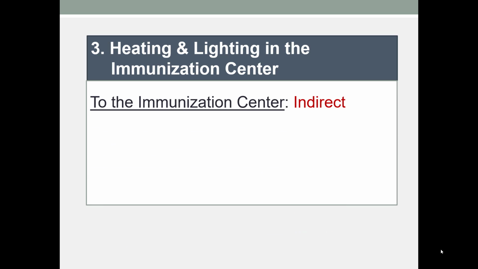Therefore, to the immunization center, this would be indirect. Now, had it said that the immunization center was a standalone unit in its own building, that might change your answer here.